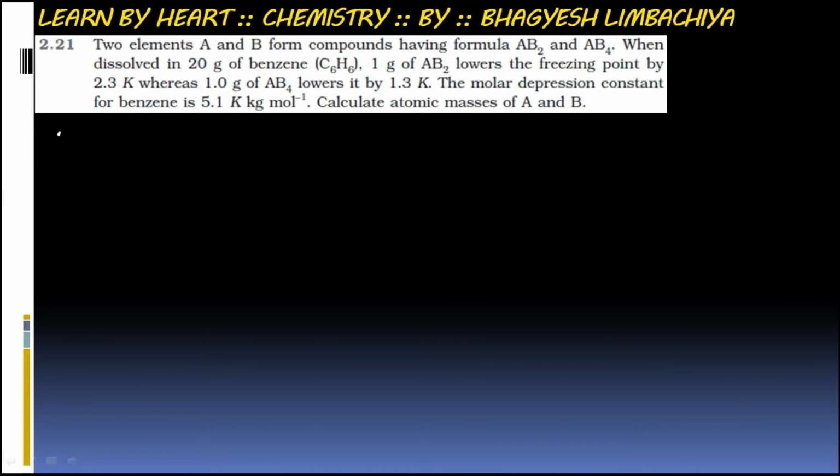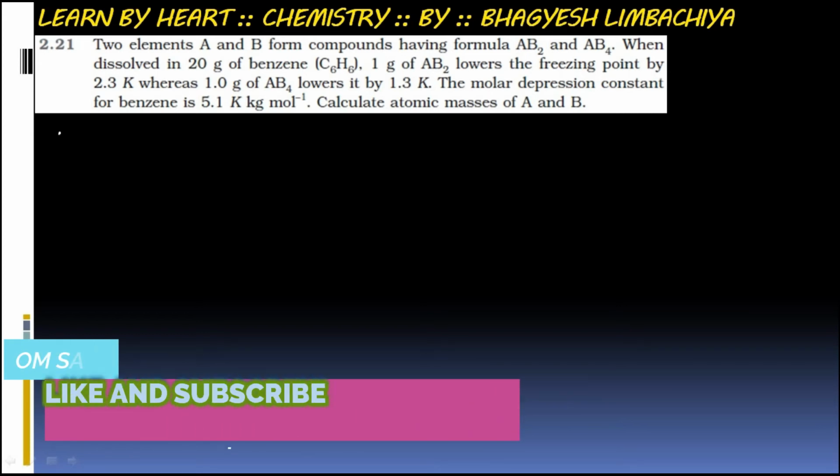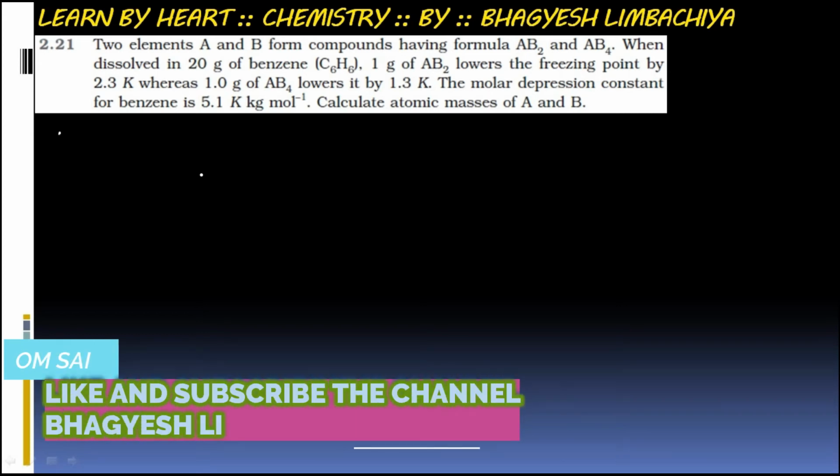Here you are given two elements A and B which are forming two compounds AB2 and AB4, and if 1 gram of AB2 is dissolved in 20 gram of benzene, then it lowers the freezing point of the solution by 2.3 Kelvin, and AB4 by 1.3 Kelvin.